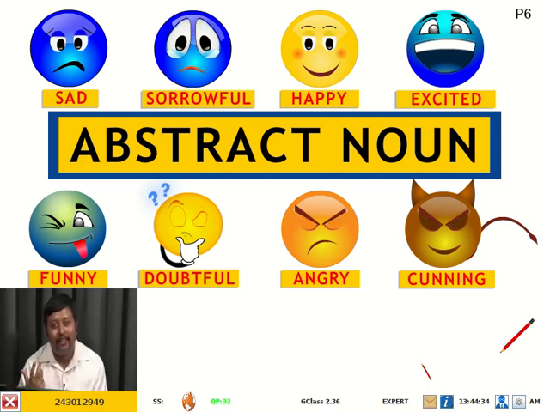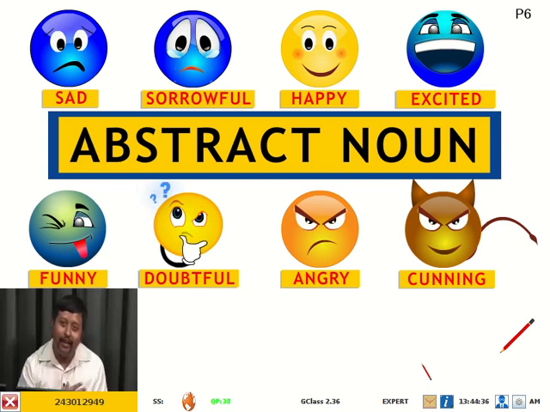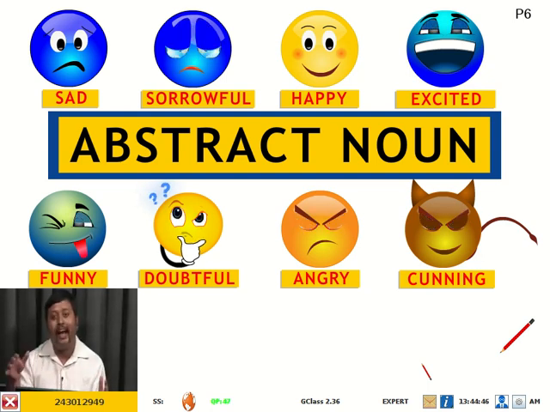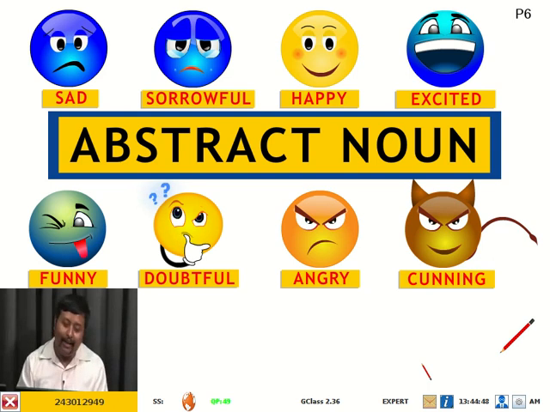Can we do that? We cannot. These are not physical things. These are feelings, emotions, or ideas. So the nouns that tell us about feelings, emotions, ideas, which have no physical shape but are an idea, are abstract nouns. Here are some examples: sad, sorrowful, happy, excited, funny, doubtful, angry, cunning.